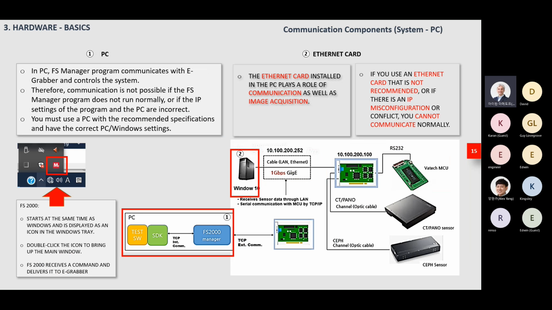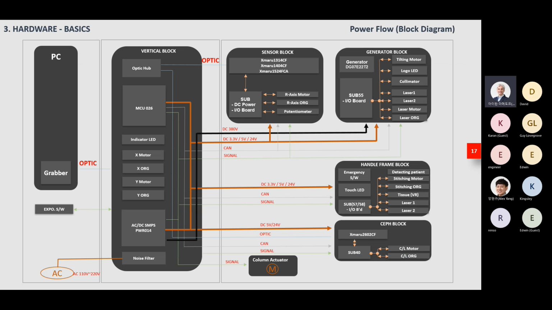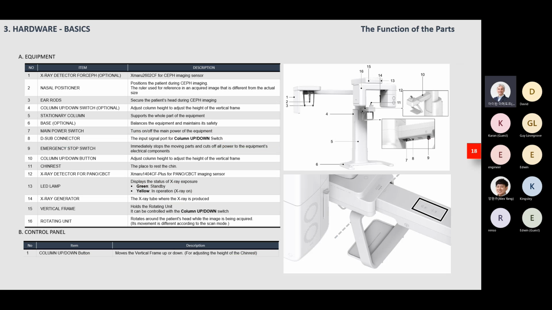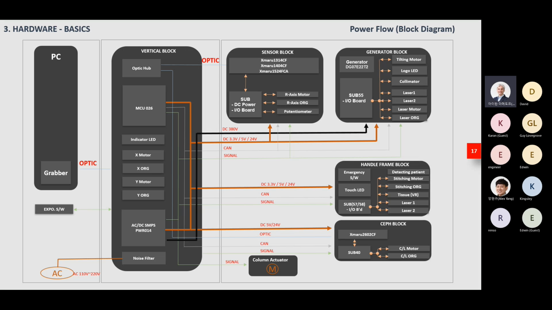All right, so after finishing this grabber card, you can see here the power flow block diagram. It's not a must, but it's advisable to have this with you. If you can memorize it, it's okay, but you don't have to. You can print it out in order to understand which part is connected with which and how the power flows within the device.